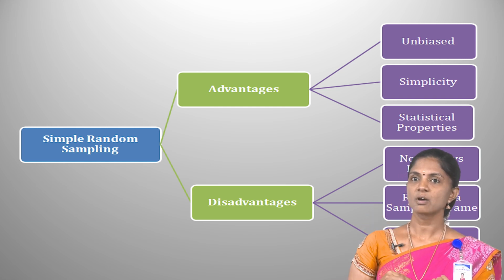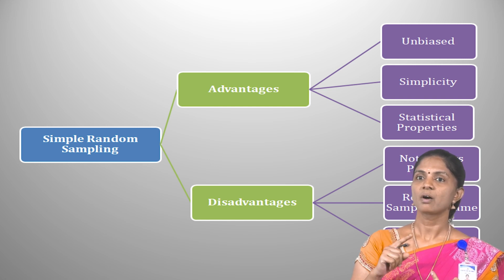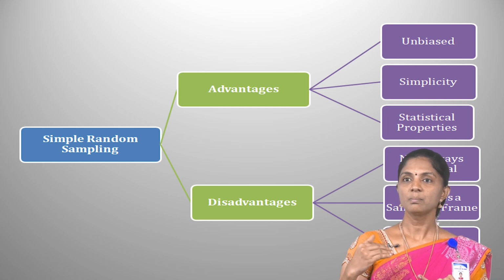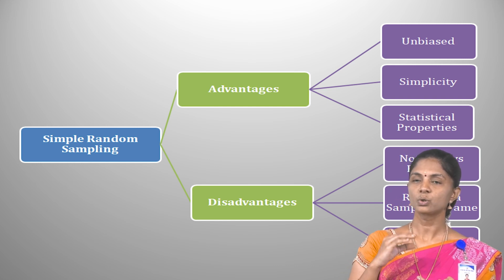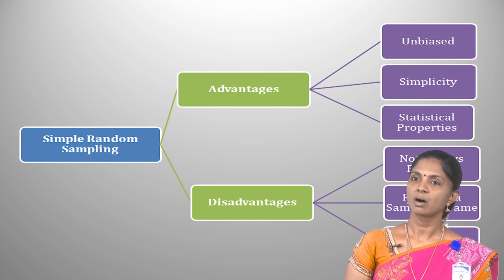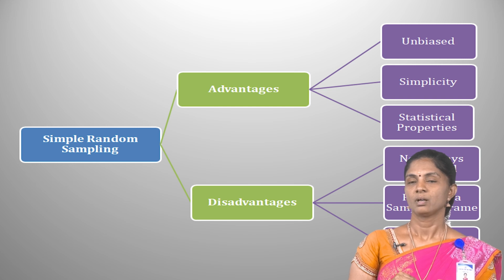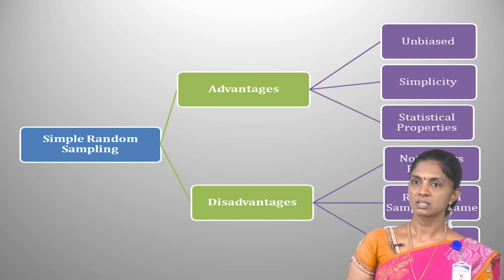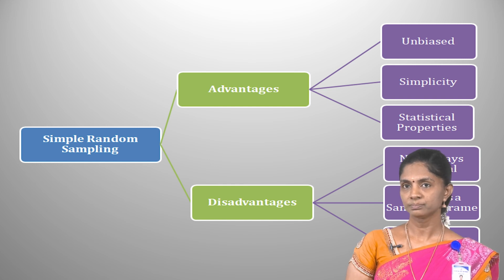A complete list of the population is needed, which may not always be available or easy to obtain. Randomness challenges. Ensuring true randomness in selection can be challenging without appropriate tools or techniques. These are the advantages and disadvantages of simple random sampling.